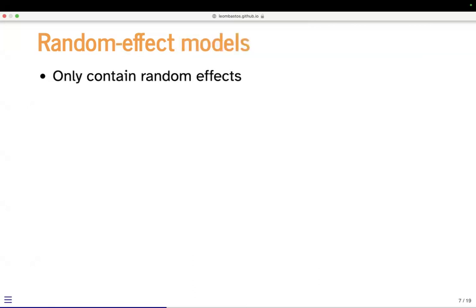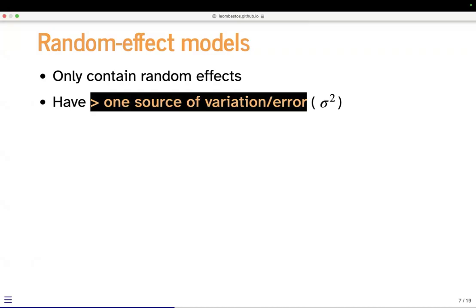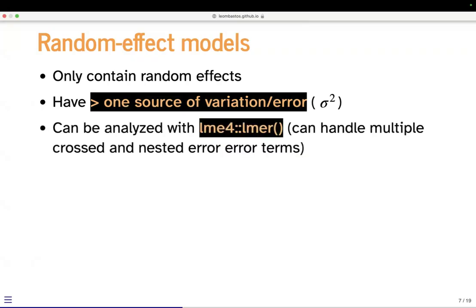So in a random effects model, the model only contains random effects, meaning that now it's going to have more than one source of variation or error. You're not just going to have your residual errors, you're also going to have an error associated with a random effect. In R, there are more than a couple of packages you can use to analyze random or mixed effect models.